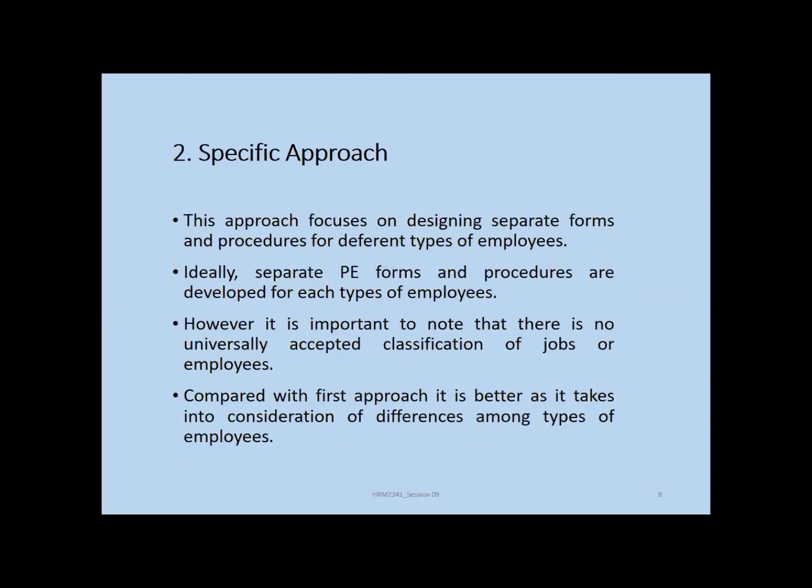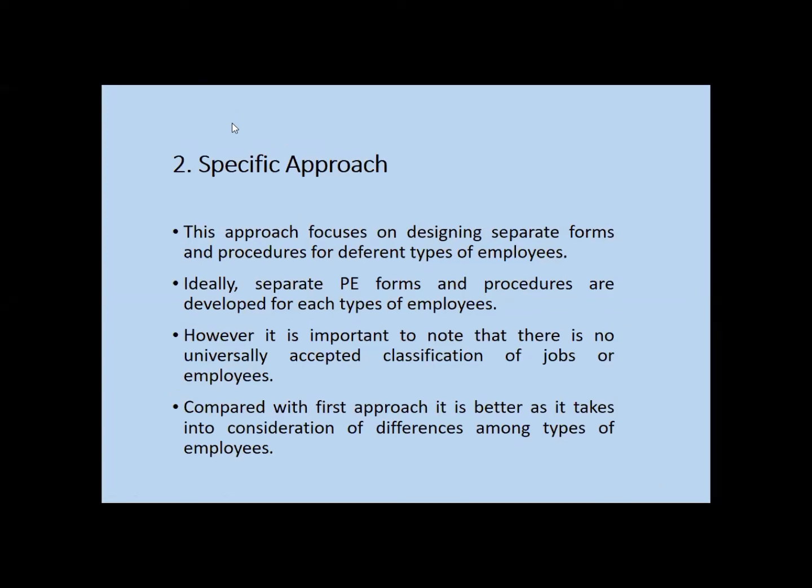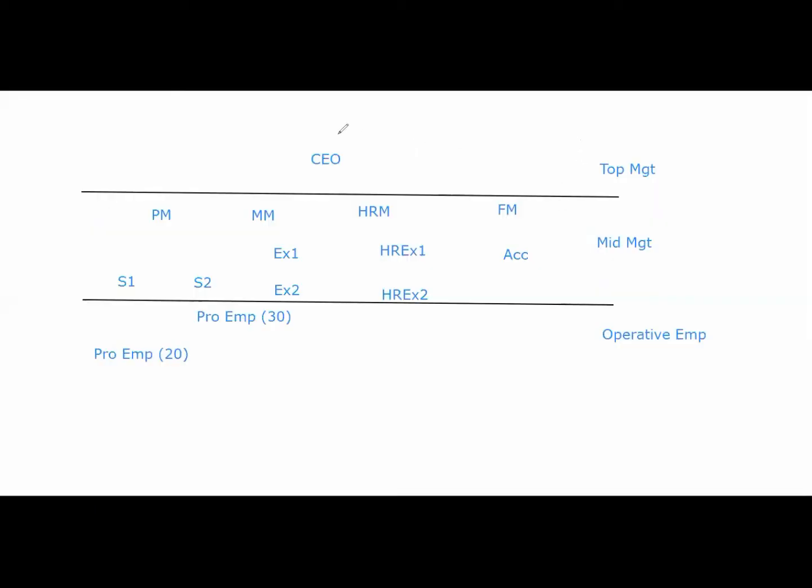The second approach is the specific approach, which is the opposite of the general approach. This approach focuses on designing separate forms and procedures for different types of employees. In our example, there are 3 types of employees: top management, middle management, and operative employees.